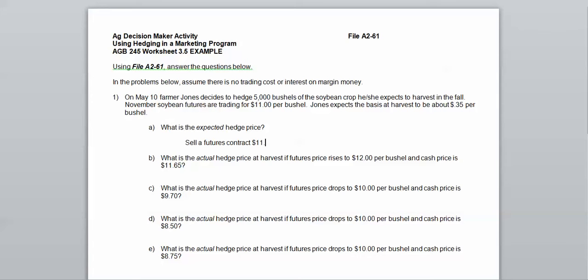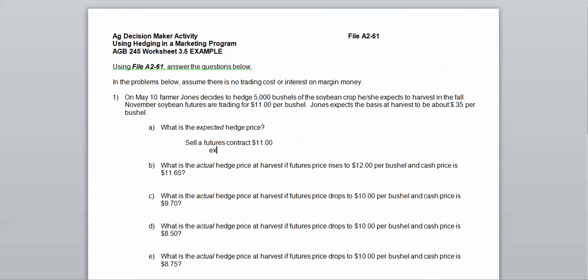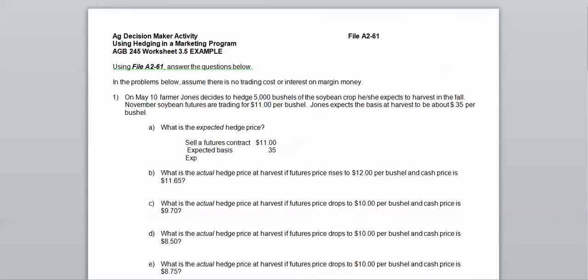So in this case we sell for $11, we expect basis of, in this case, 35 cents. So our expected hedge price is $10.65 in this example.